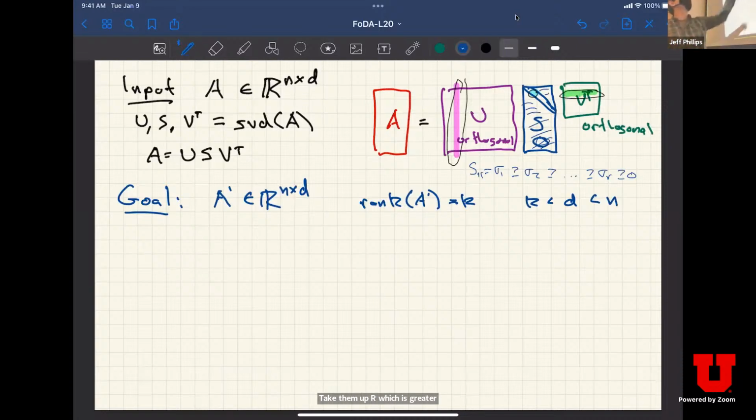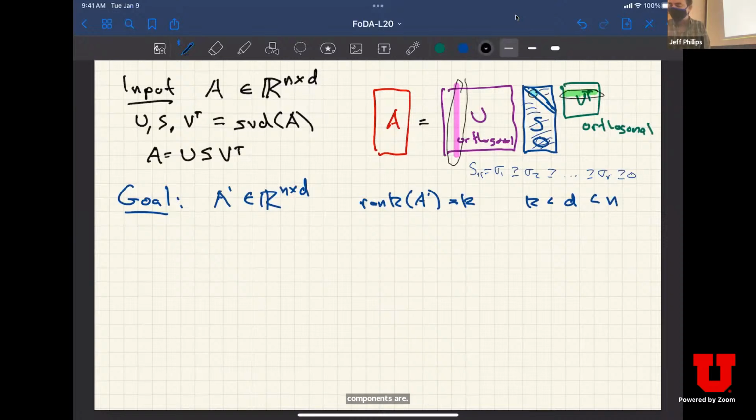If the matrix A is of rank r, then these are in order up to the rth one. After that, they're all zeros. These correspond with the singular values in S, and those are in decreasing order, and that tells me how important each of these components are.